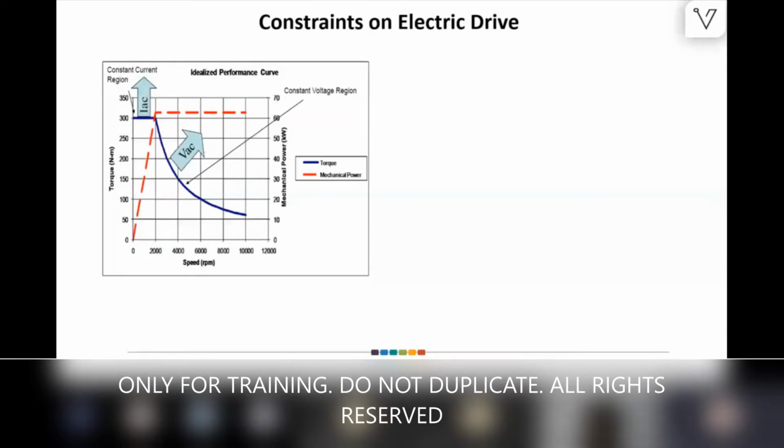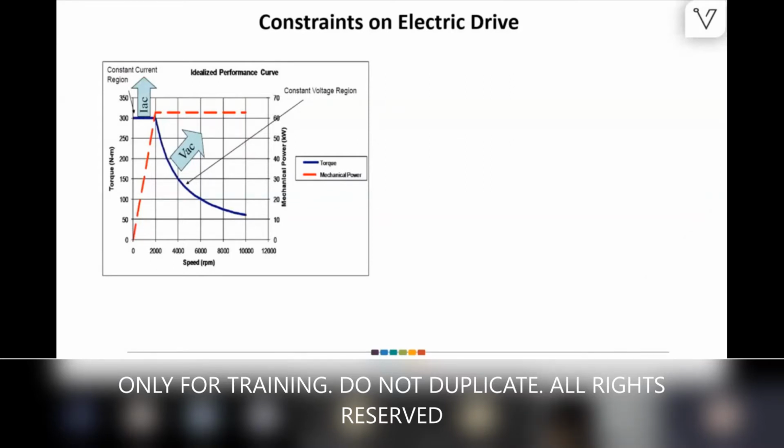As I mentioned, we will touch upon the battery side because that is where power and energy come from. When we talk about this electric drive unit, the battery also plays a key role in shaping up this torque speed curve. Depending on the C rate, the battery also has performance curves, like how we have a torque speed curve.